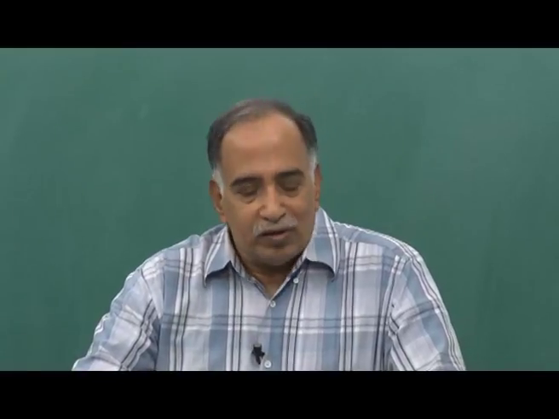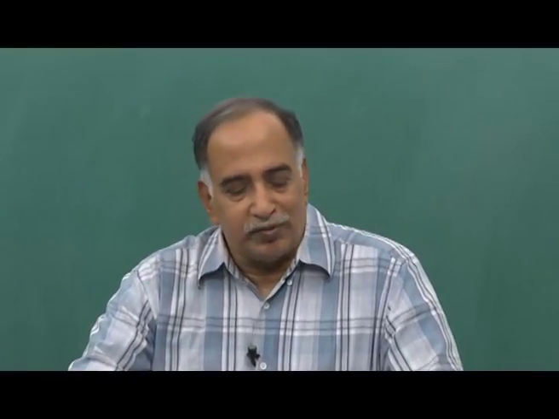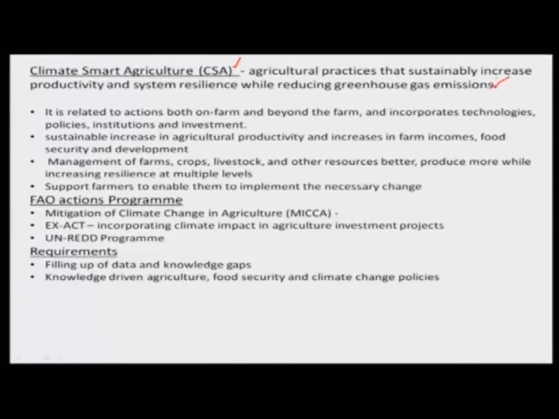So what are the different constituents of climate smart agriculture? They are the actions at the farm level as well as beyond the farm level, incorporating technologies, and also policies, institutional and investment availability or non-availability.